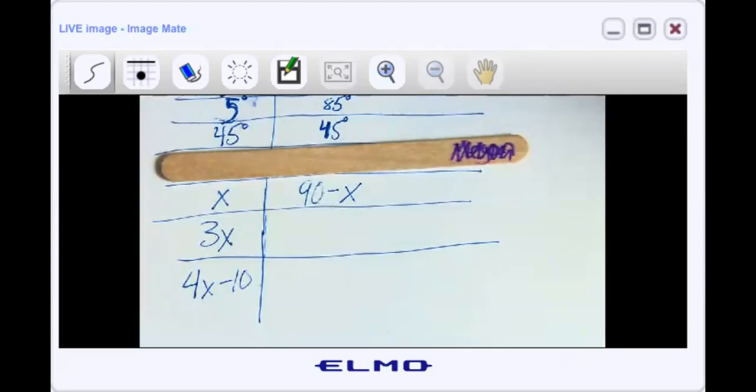The first one's not so bad now that we have the x one done. The 4x minus 10 one, that one's still a little tricky. We'll work our way through that one together. But for the 3x, let's see.